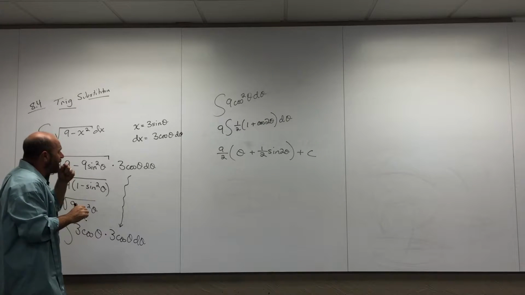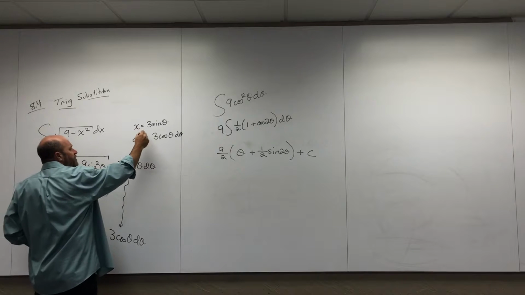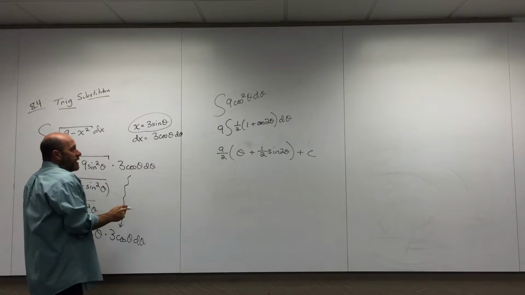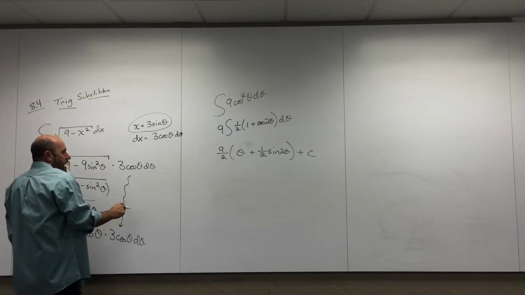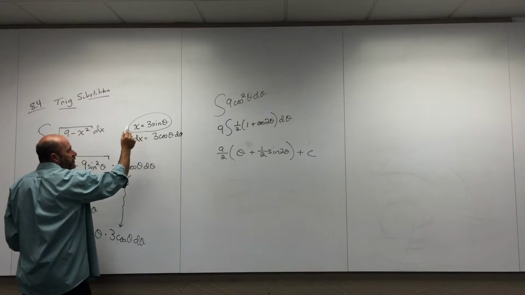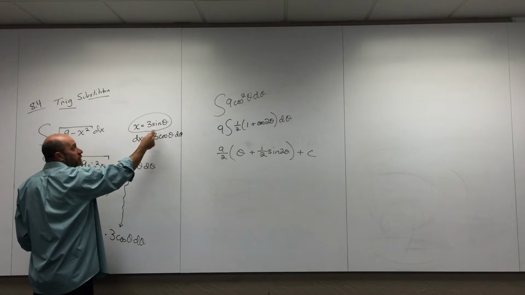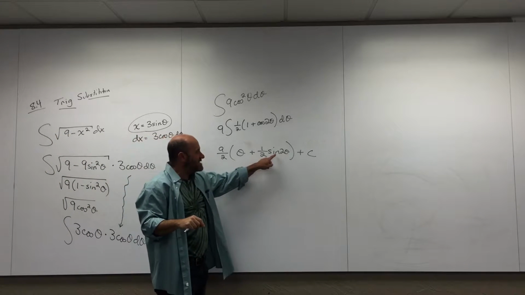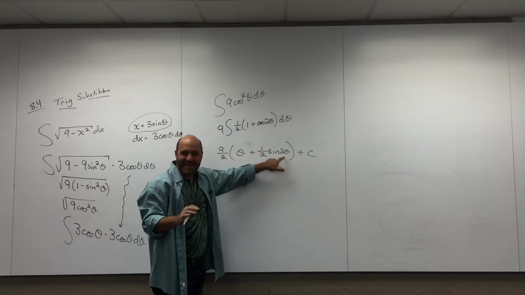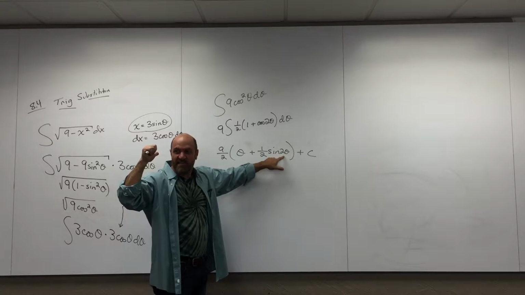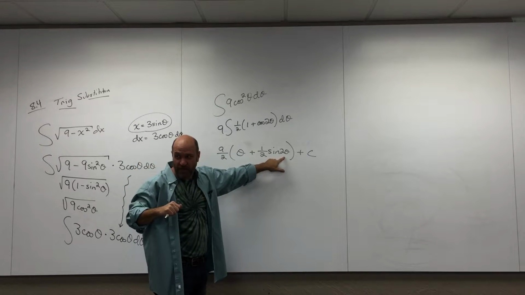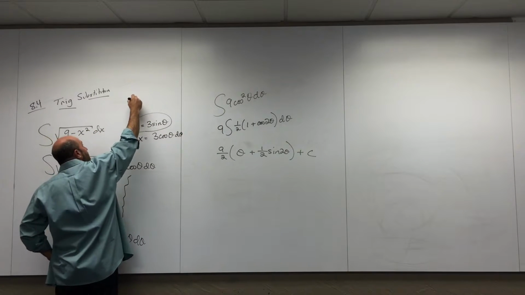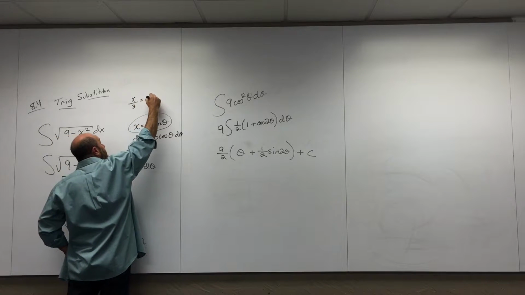One of the tricky things is that my original relationship between x and theta is right here. I might want to play with this a little bit. One problem is that this has got this sine 2 theta. That's bugging me because I've got a single theta here and a double theta over here. But I could divide by 3. x over 3 is sine theta.